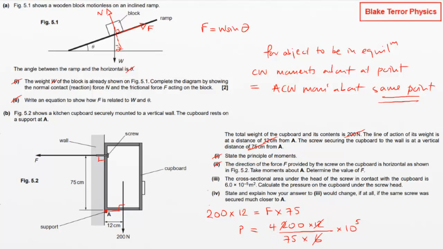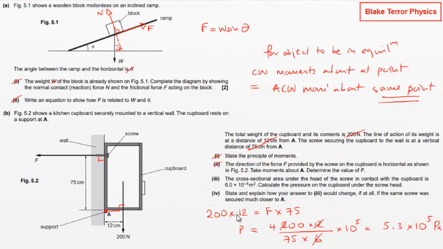So we want 400 divided by 75. 5 75s is 375, so that's going to be 5 1/3. So 5.3 times 10 to the 5, because we've been dealing with two significant figures all the way through this. And don't forget your units of putting pascals on.